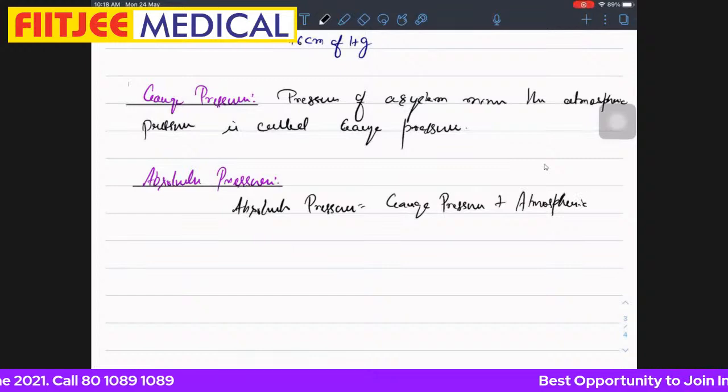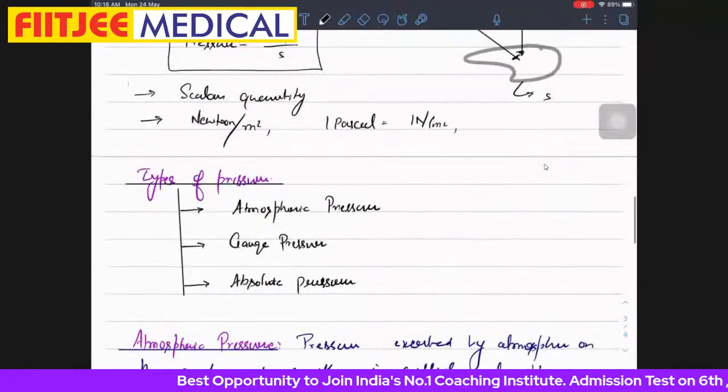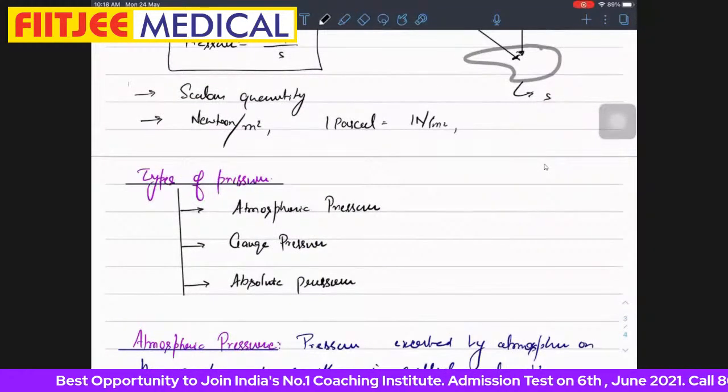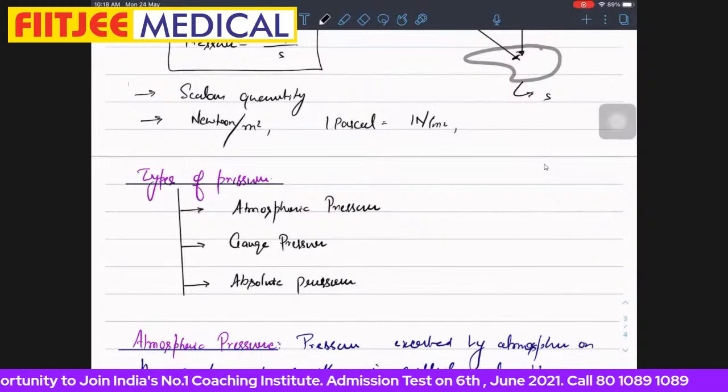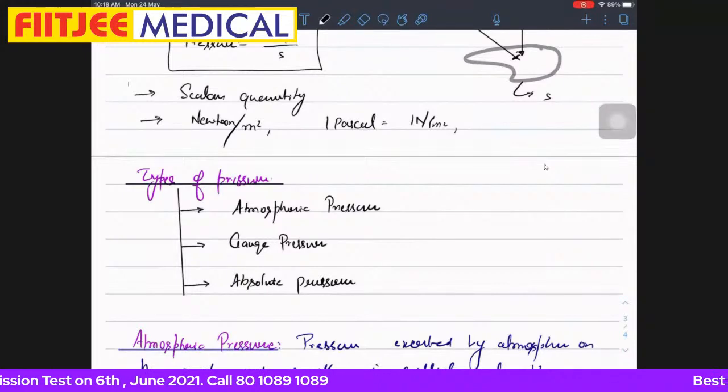This is the definition of absolute pressure. So when we define pressure, we define it in three ways: atmospheric pressure, gauge pressure, and absolute pressure. Absolute pressure is the sum of atmospheric pressure and gauge pressure.